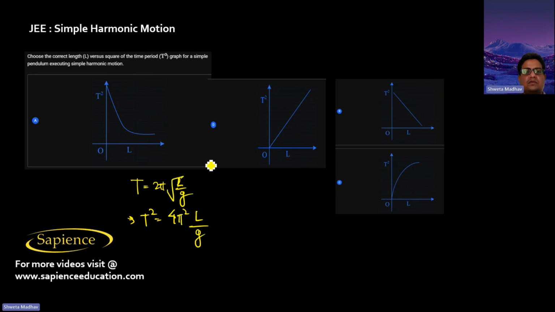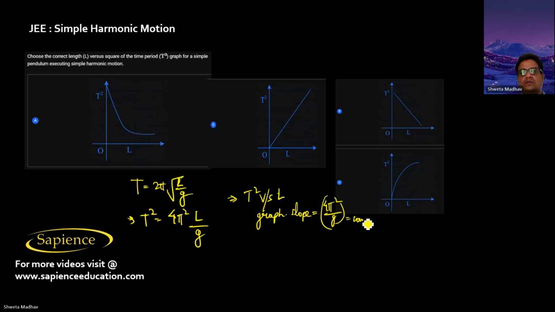So therefore, the T square versus L graph will have slope equal to 4 pi square by g, which is a constant. So it means the slope is constant, so it will be a straight line passing through the origin. So therefore option D is the correct answer.